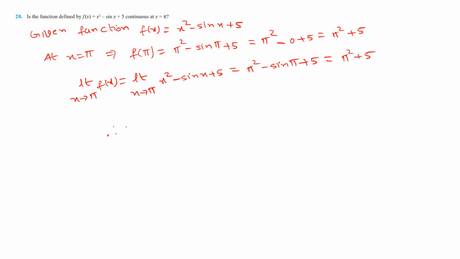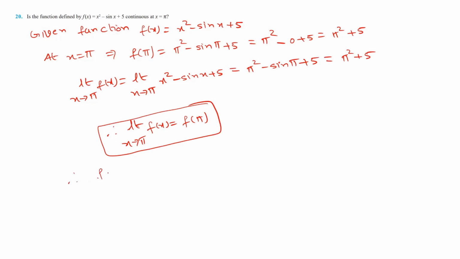Therefore, limit x tends to pi of f of x is equal to f of pi. So f of x is continuous at x equal to pi. Okay.